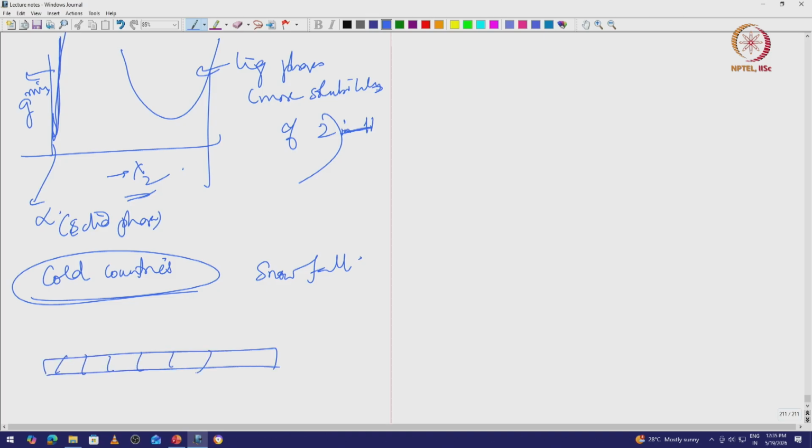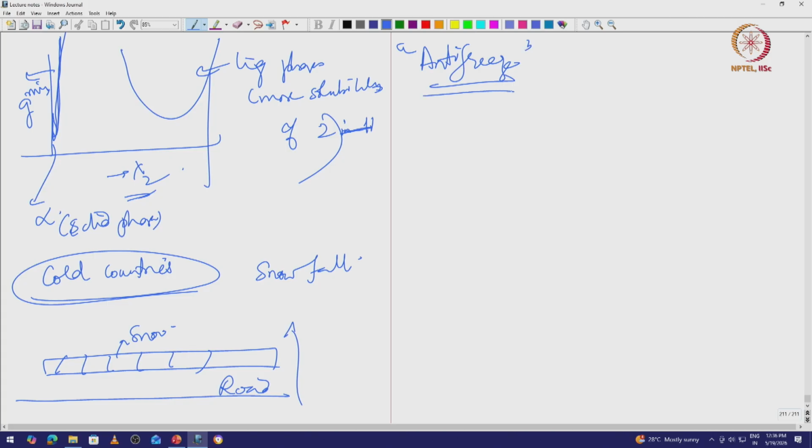This is snow, this is a road, a cross section of a road. It's not very nice to have solid ice on the road, so what people do is use what is called an antifreeze, some kind of a salt. Weather predicts that there is going to be snowfall today.